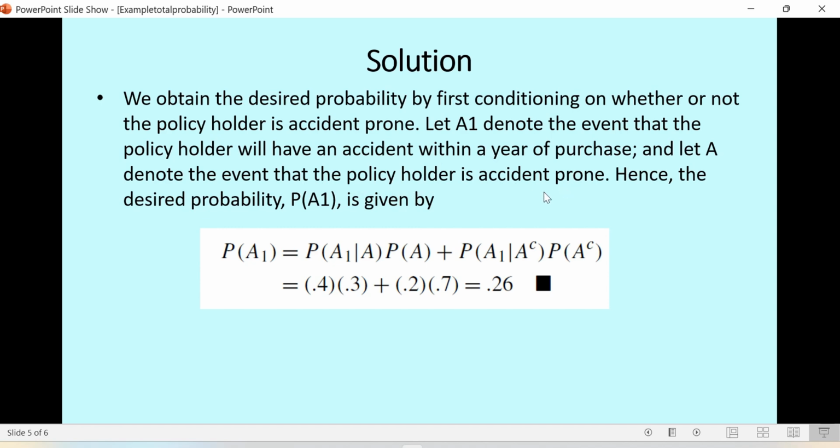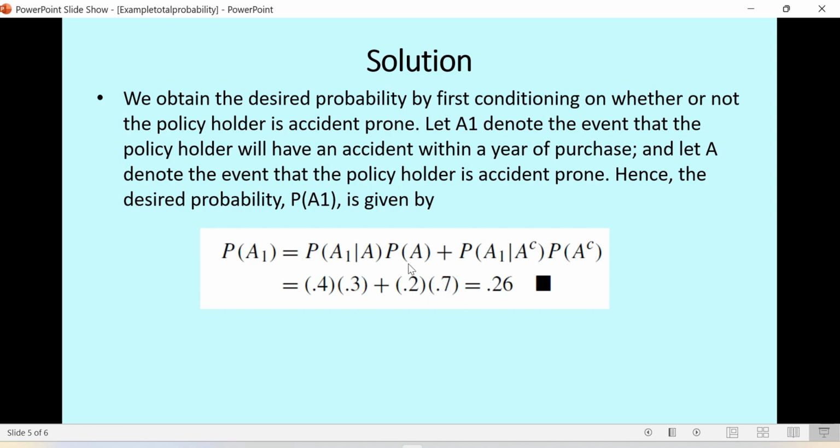Because we do not know whether this person is accident prone or not, but we know the total population ratio is 0.3 for accident prone persons. So this is the probability of A and the probability of A^c. So P(A) is 0.3 and P(A^c) is 0.7.